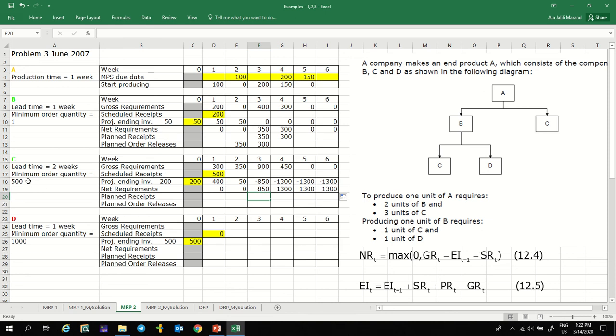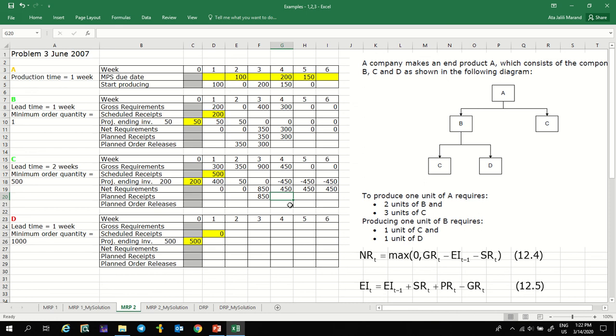Here I can see that I have a net requirement equal to 850 in week 3, and the minimum order that I can make is of size 500. So here I will make an order of size 850 to satisfy this net requirement.